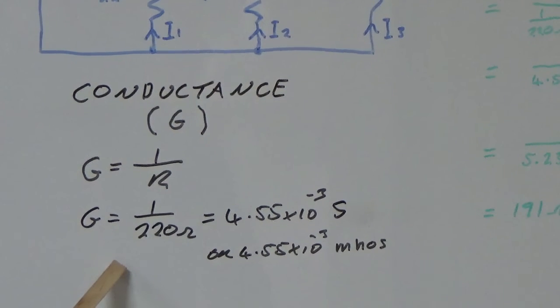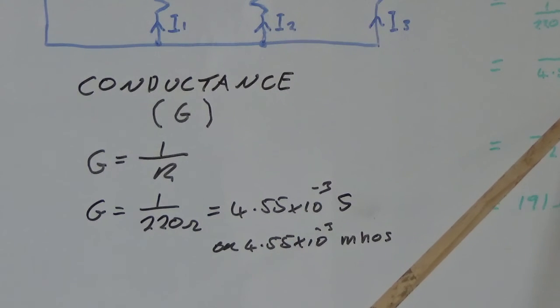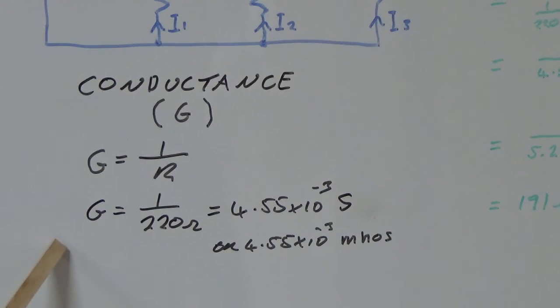So what I've done here is just use an example from our equation. We've got 4.55 times 10 to the negative 3. And how we got that: conductance equals 1 over resistance, so the resistance is 220 ohms. That gives us a result of 4.55 times 10 to the negative 3, either Siemens or mhos. Now, there's a little bit of controversy as to which is used.